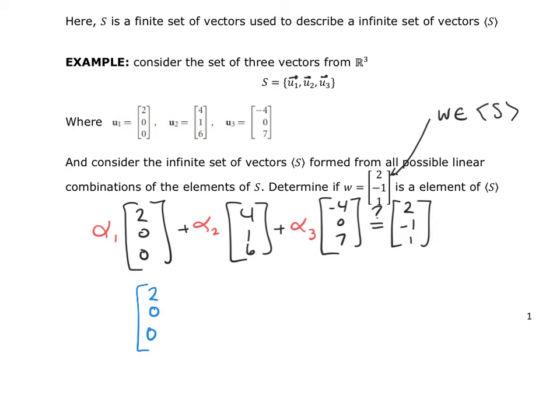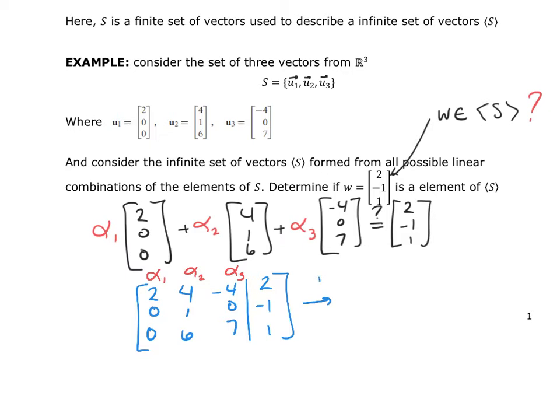My second column can be replaced with my second vector, my third column with my third vector, and I can augment on what I hope to find here, and that should be a positive 2. I'm asking myself, if I take alpha sub 1 times the first vector, alpha sub 2 times the second vector, and alpha sub 3 times the third vector, do I get my W? That is the question of the day.